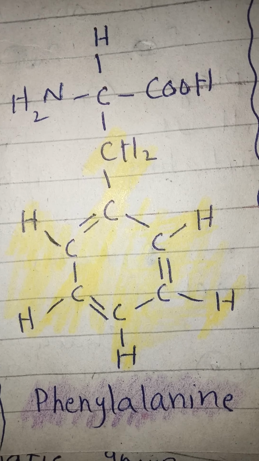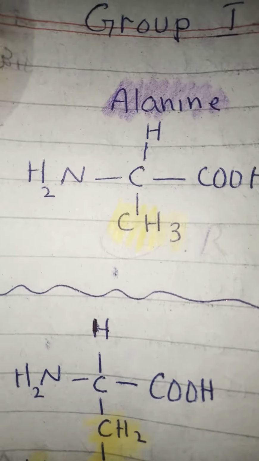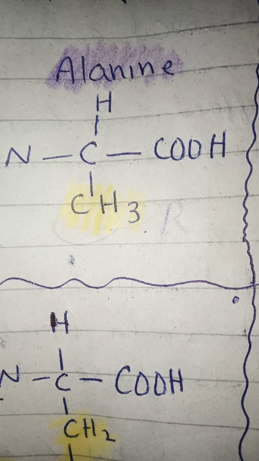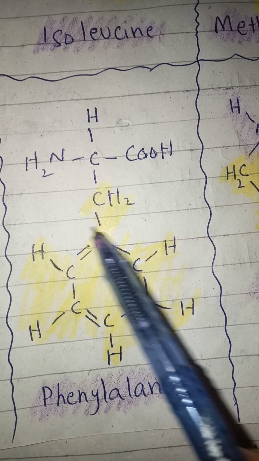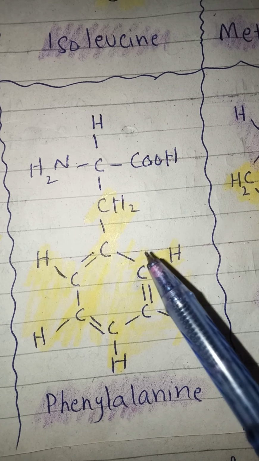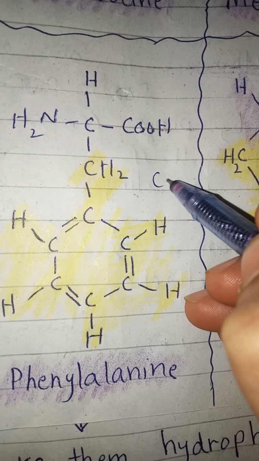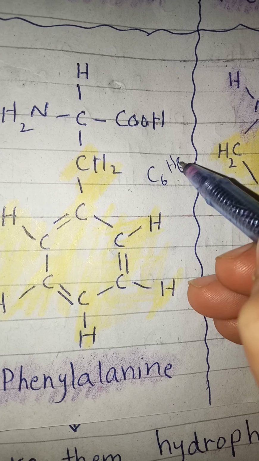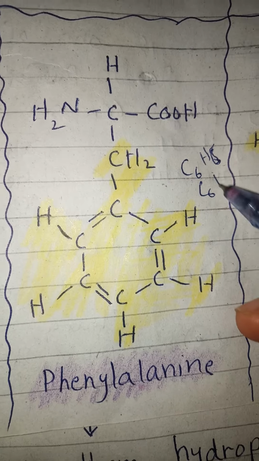And phenylalanine, as the name indicates, has a phenyl group attached to alanine. Look, this is alanine, where a CH3 group, a methyl group, is attached, and this is the phenyl group. Phenyl group is related to benzene. Benzene has the chemical formula C6H6, but in the phenyl group it is C6H5.